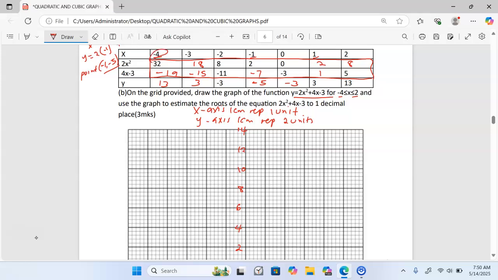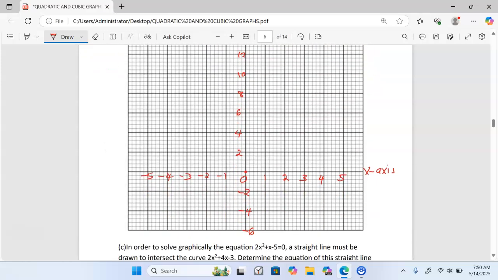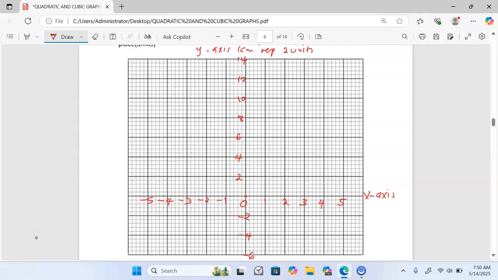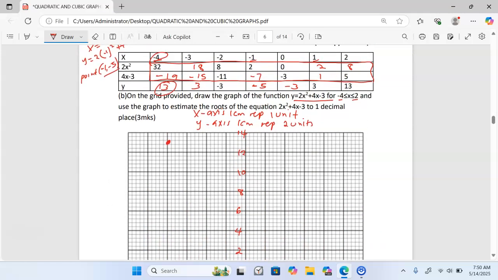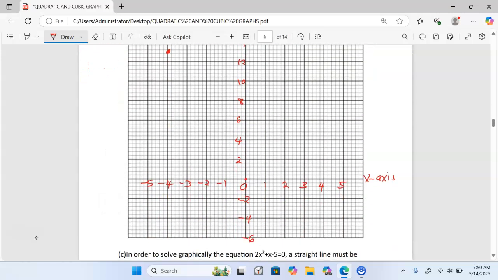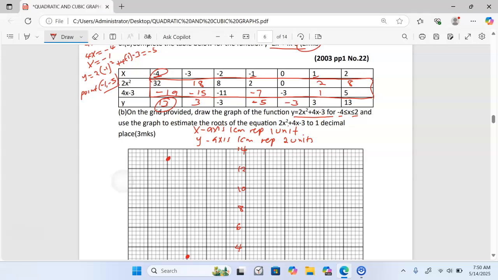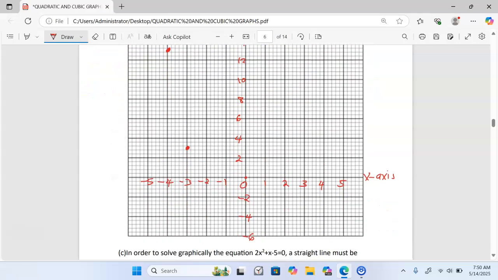When x is −4, y is positive 13: (−4, 13) is here. When x is −3, it is +3. (−3, 3) is between +2 and +4. And when x is −2, it is −3. (−2, −3) is here.